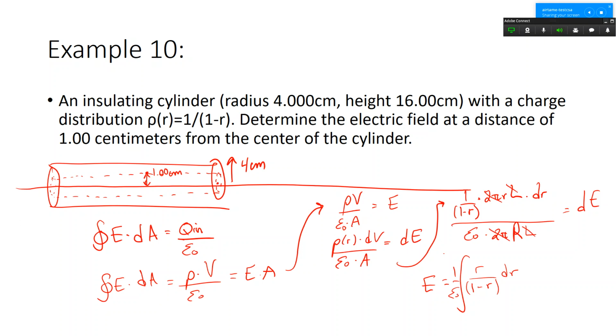Oh, you're right. So now it just looks ugly. Let me just rewrite this.